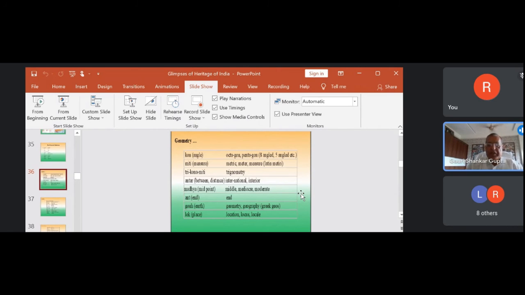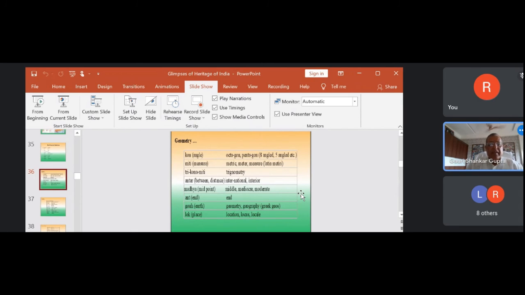Antar we always use, even in Hindi we use the same word antar. इसमें क्या अंतर है? So it's basically inter. It has become international, interior. Just slightly changing from antar to inter. Then madhya. Madhya is the middle point, the center. We use middle, mediocre, moderate. That's all used for the same meaning in European languages.